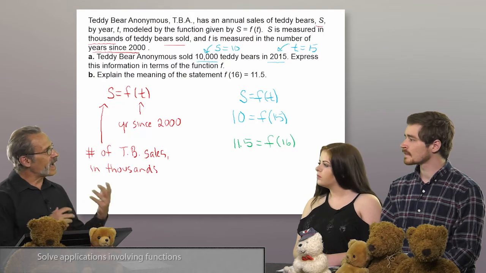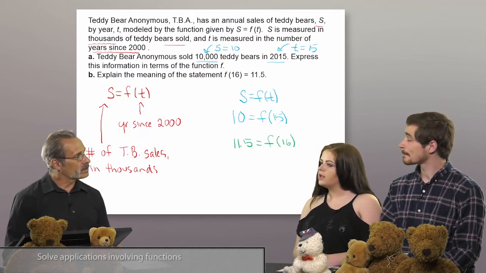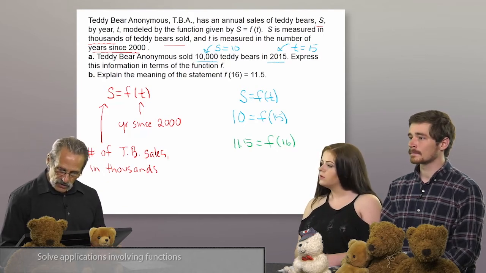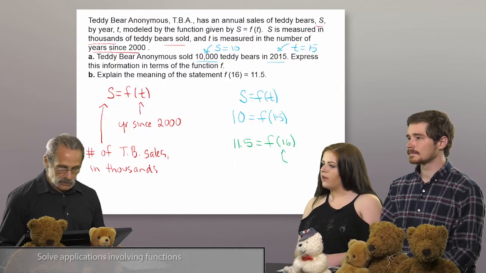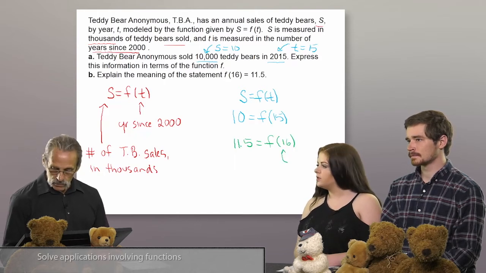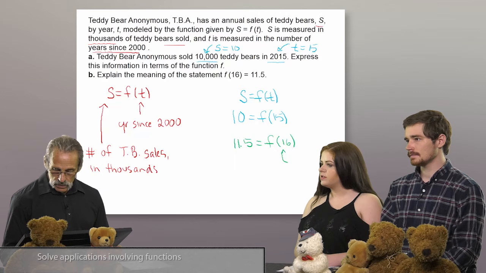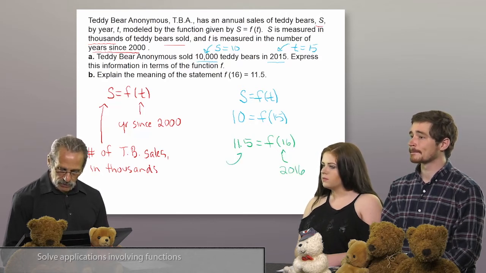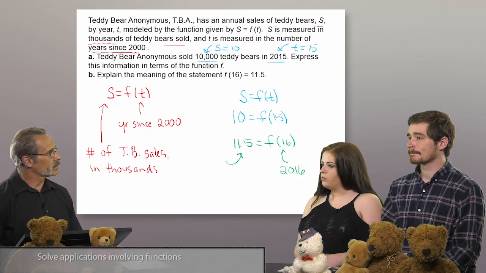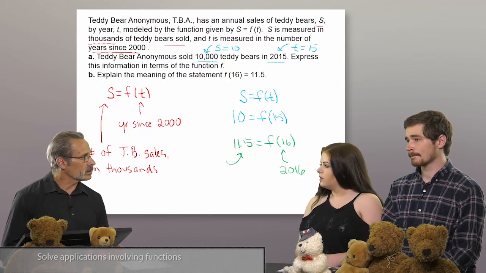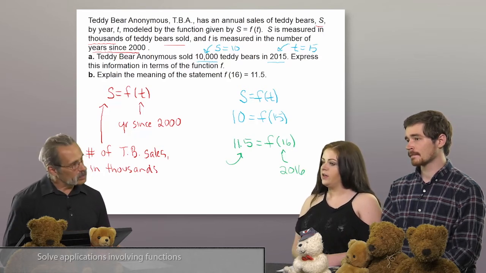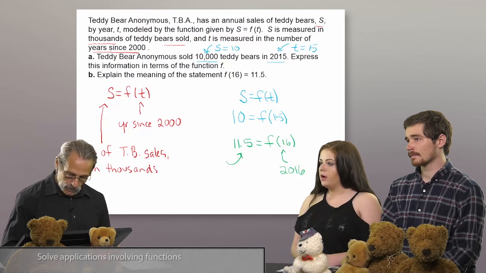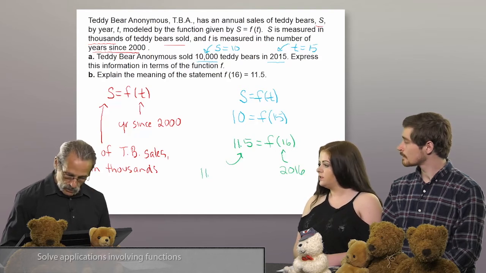What is my input value here? 16, very good. And what does 16 represent? That represents the years since 2000. So what year would that be? 2016. All right, so we're in 2016. What is the output value? 11.5. And what does that represent? The teddy bear sales in thousands, so it would be 11,500 teddy bear sales.